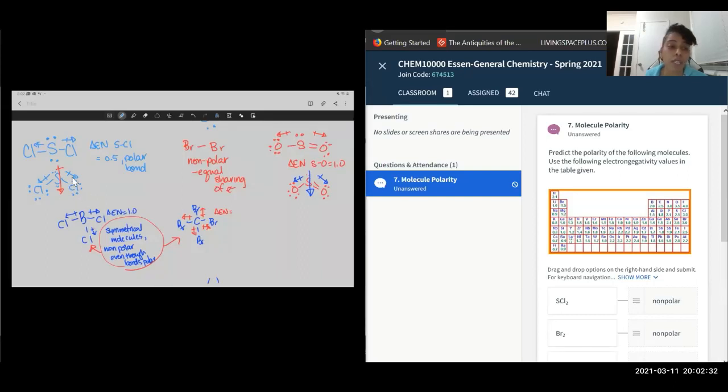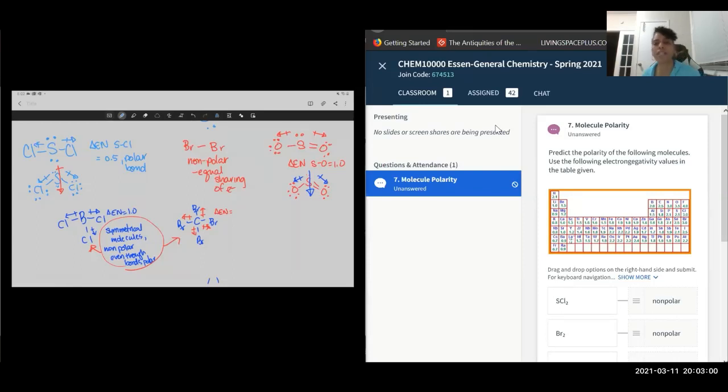Even if you look at the chlorine with all these extra electrons around it, it has more electrons surrounding it than the sulfur. So those chlorines are more electronegative. And being that it's the bent shape, the whole polarity of the molecule is going to go downward. So SCl2 is going to be polar.